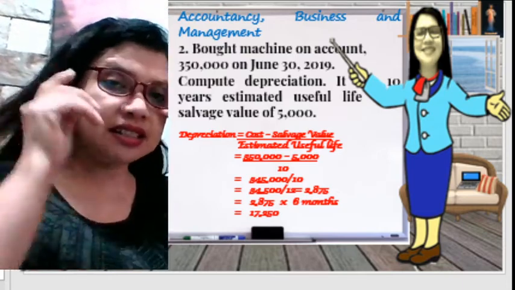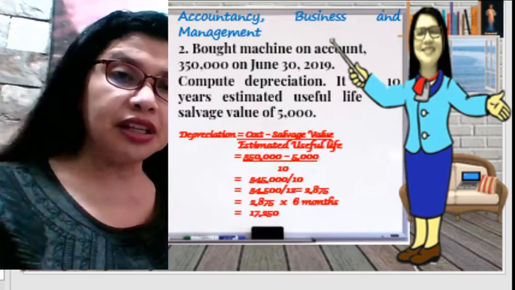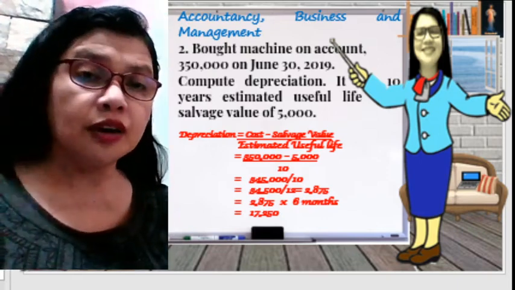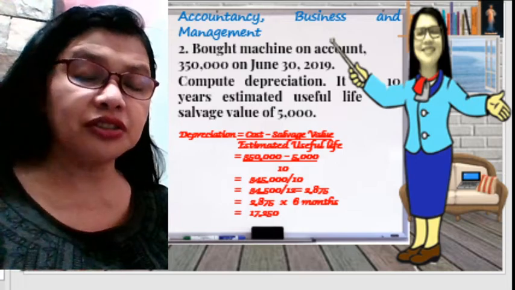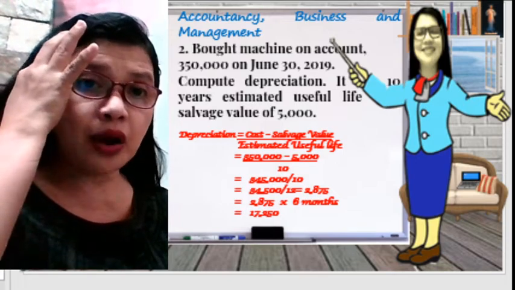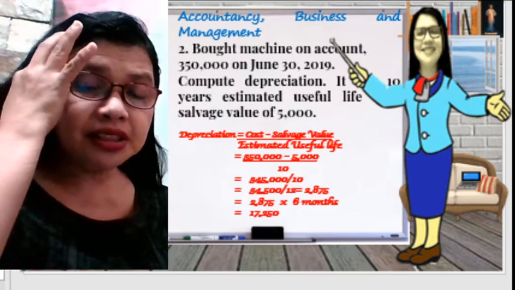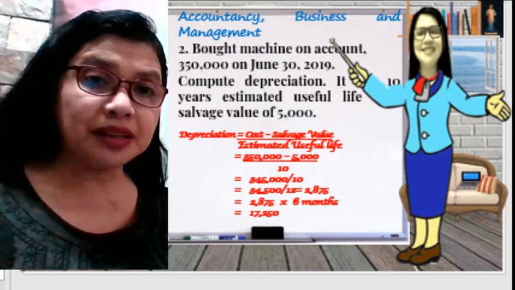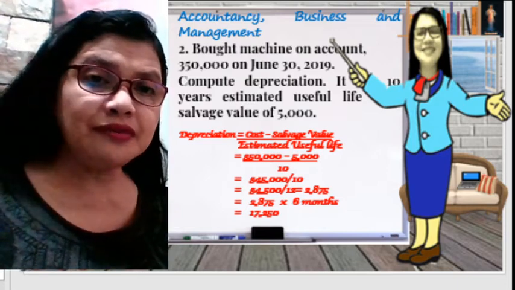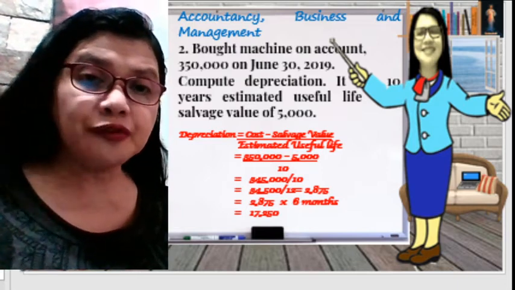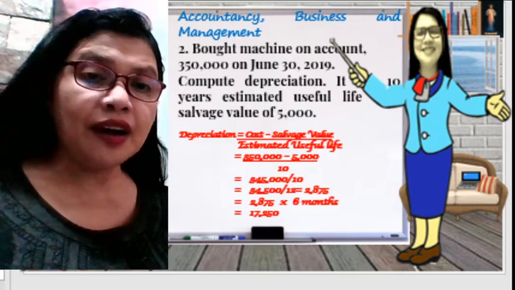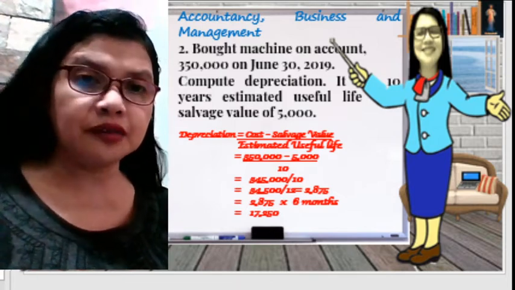If that is 6 months, we have to compute first the depreciation cost of 350,000 minus the salvage value of 5,000, divided by the estimated useful life of 10.